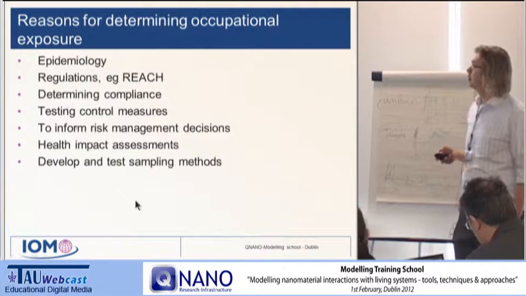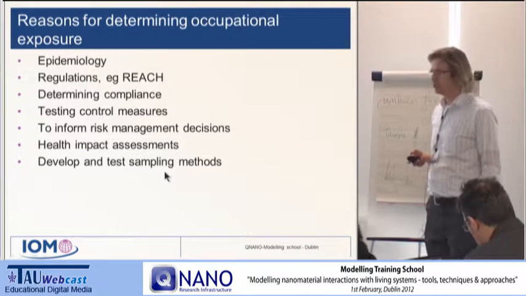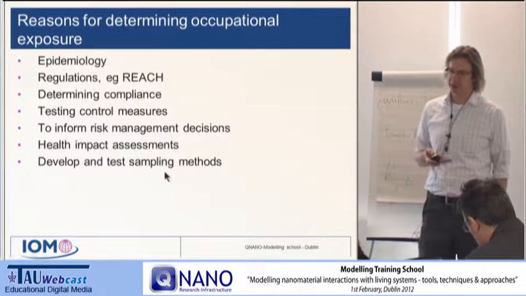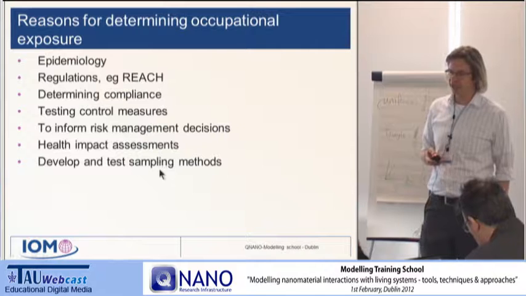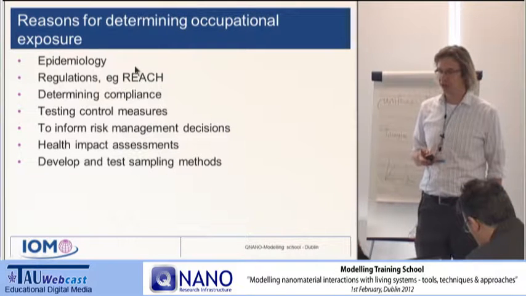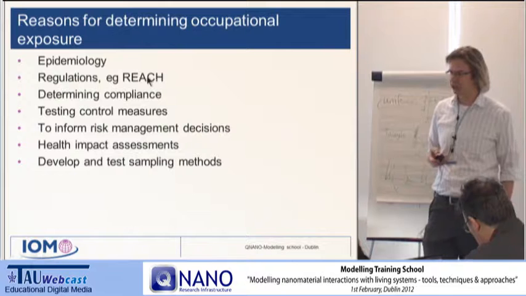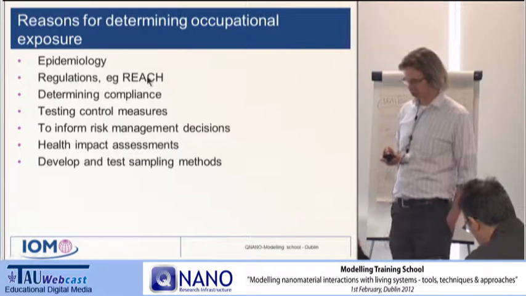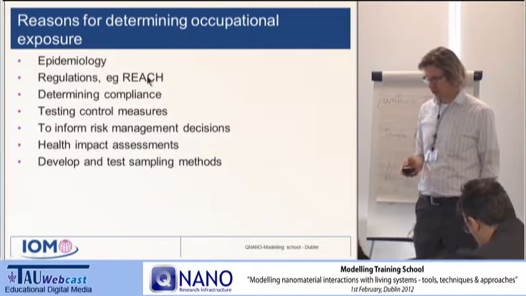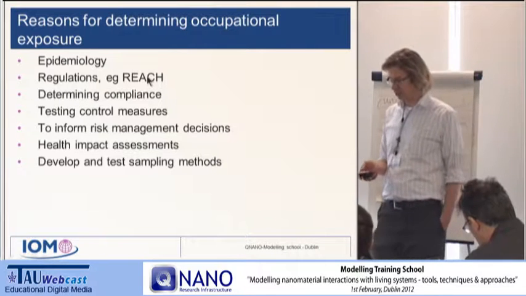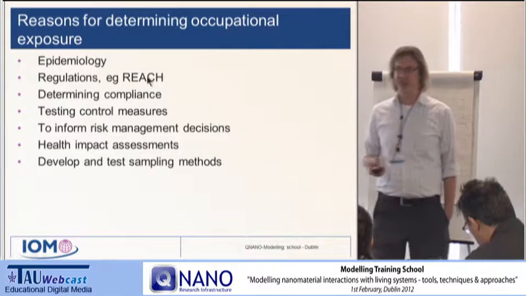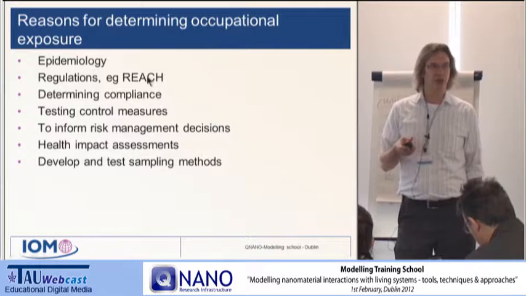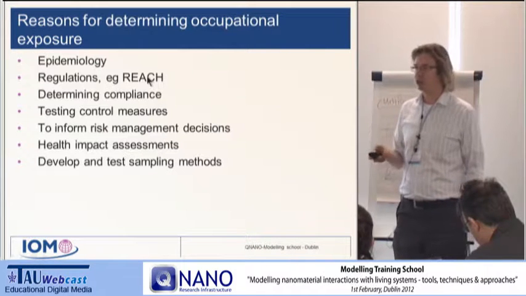This slide gives you an indication of the reasons for assessing or measuring occupational exposures. There's a whole range of reasons why we want to do that, from doing health studies in certain populations, to doing a risk assessment under REACH, to determining compliance, setting controls, etc. Each of those reasons will determine how you do your exposure assessment.